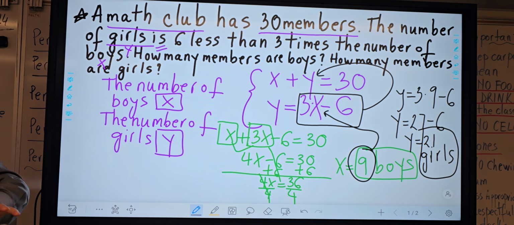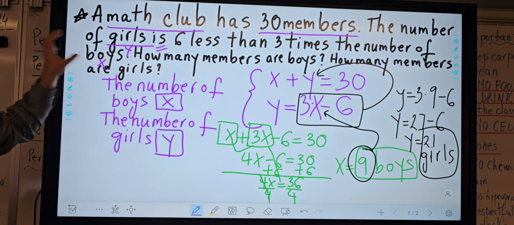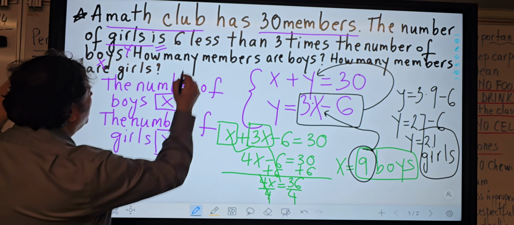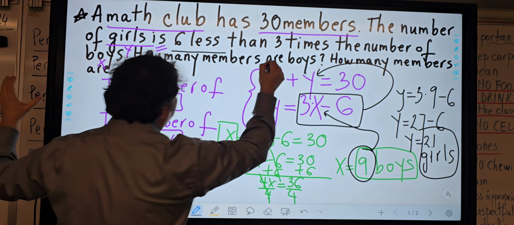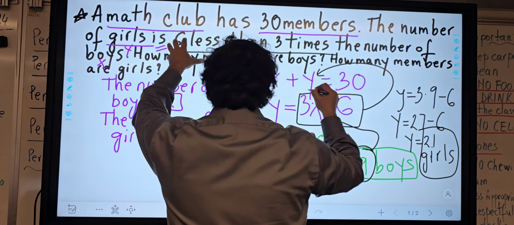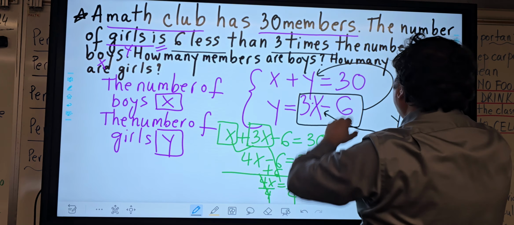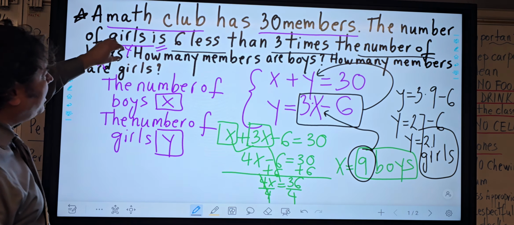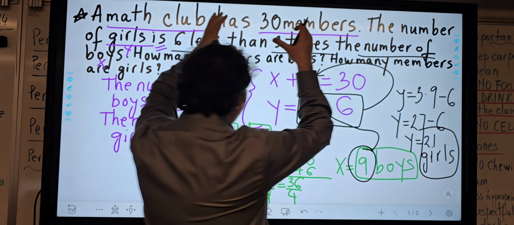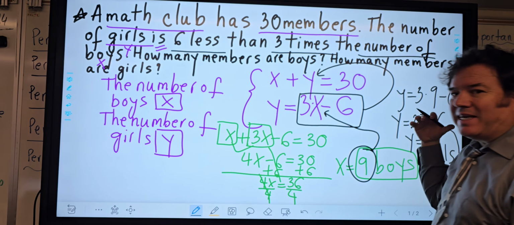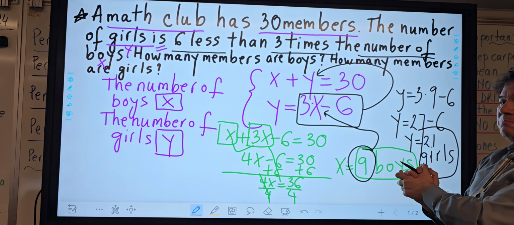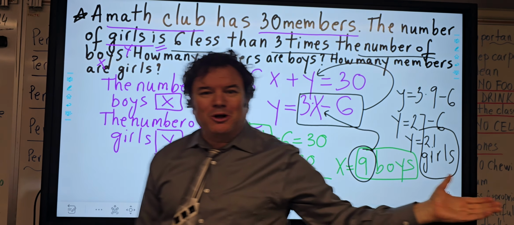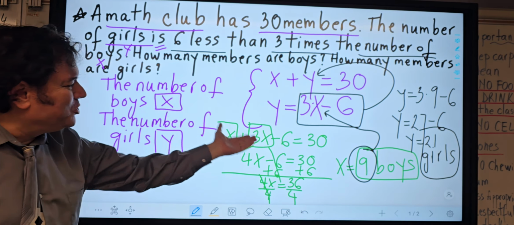So again, please remember, every time we have a word problem, we have to underline important information, right? 6 less than 3 times the number of boys, right? The boys are X, the girls are Y. Together, we have 30 members. And then we set up a system of linear equations. And in this case, we solved it by the substitution method.